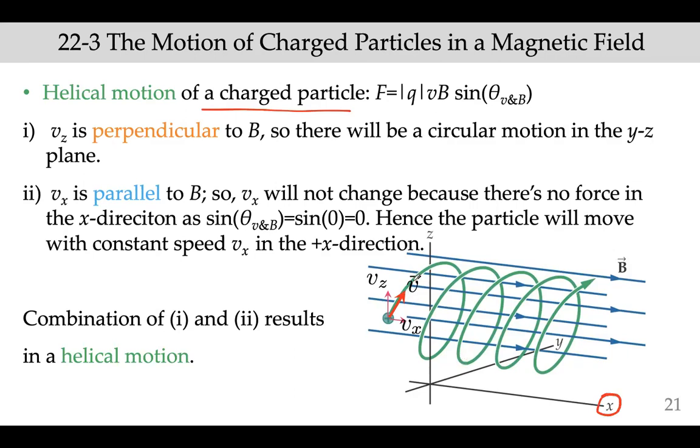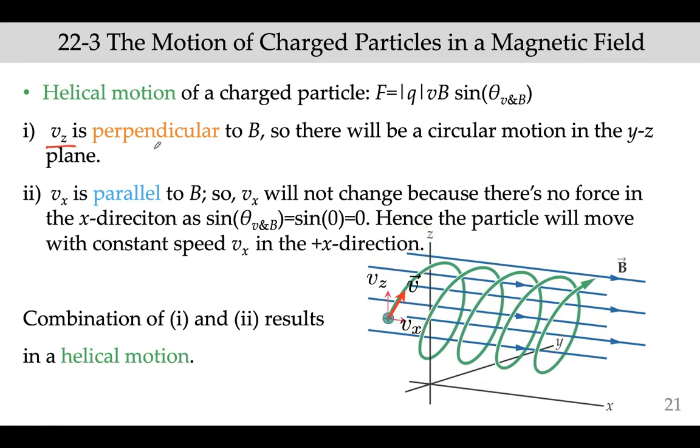The initial velocity is not on the z-y plane. It has a component in the z direction, but it also has a component in the x direction. If the velocity was only on the z-y plane, it would just make a circular motion. But as you can see, it also has an x component.